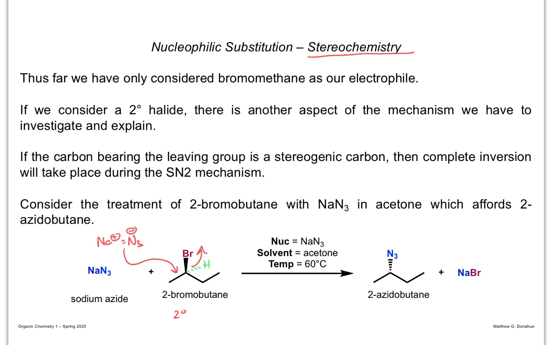Hopefully you can see green up there. See how the hydrogen's back in the starting material? When the azide displaces that bromide, that hydrogen gets moved forward. That's called inversion.